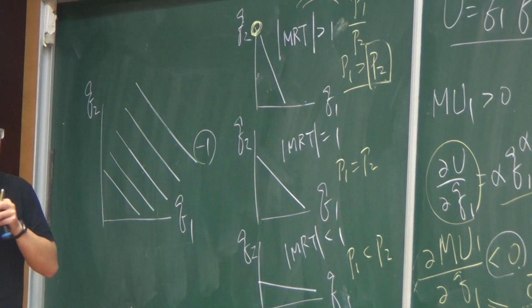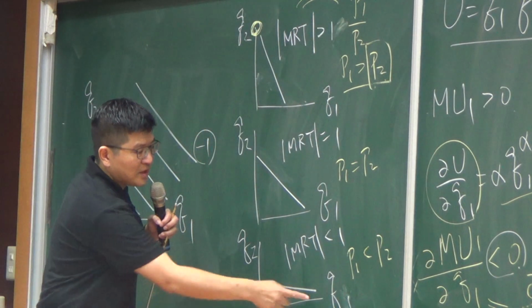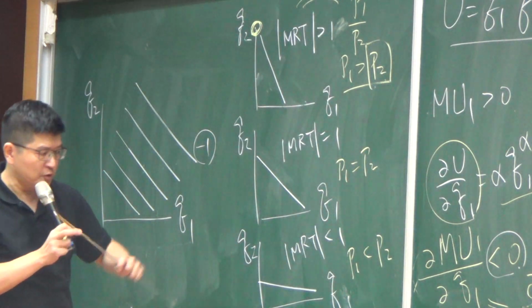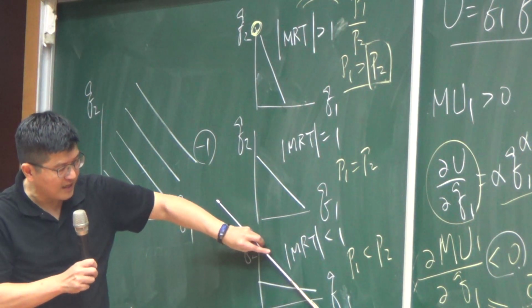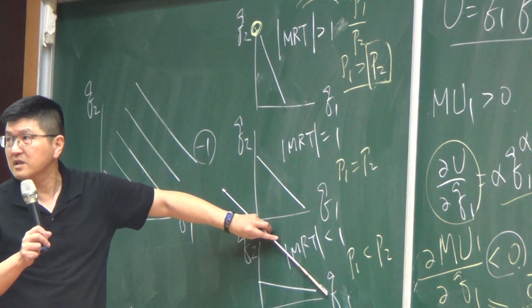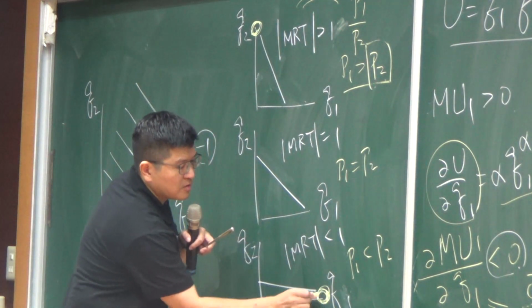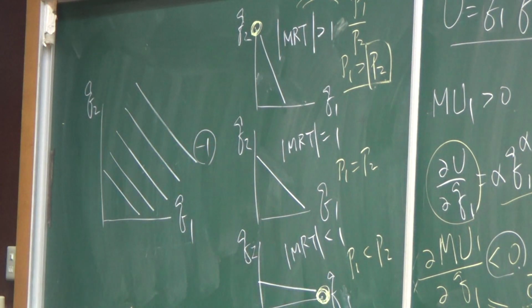Okay? And what about the third case? When P1 is cheaper. So we will just push the indifference curve as outward as we can, right? So the final consumption bundle will fall on the horizontal axis, right? It's also a corner solution.